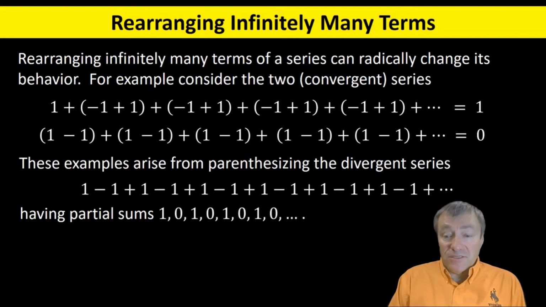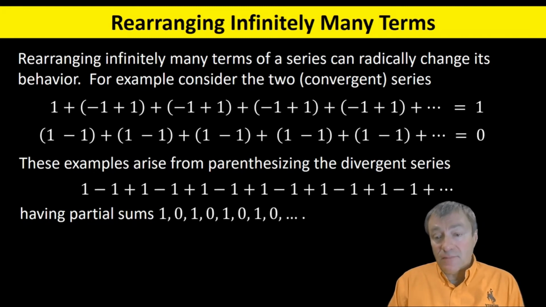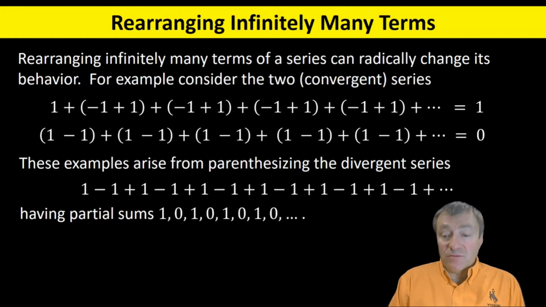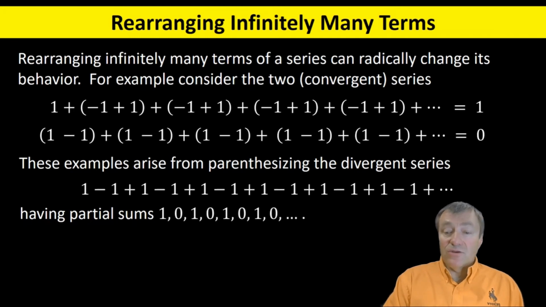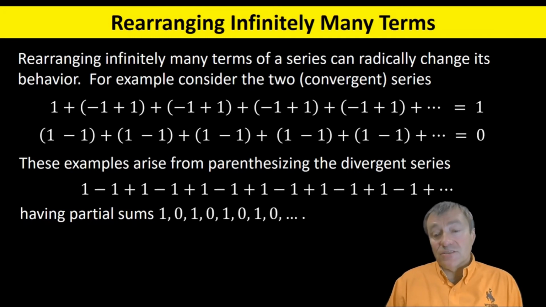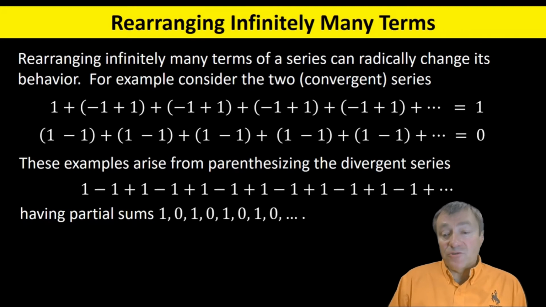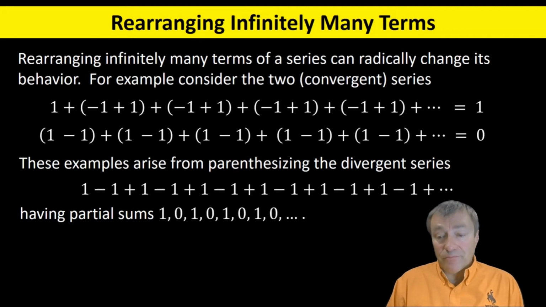This alternating series diverges because its sequence of partial sums is 1, 0, 1, 0, 1, 0, 1, 0, and so on. That's a sequence of partial sums which does not converge. So in addition to inserting or deleting terms, or permuting terms, we have another operation which is inserting or redistributing parentheses.